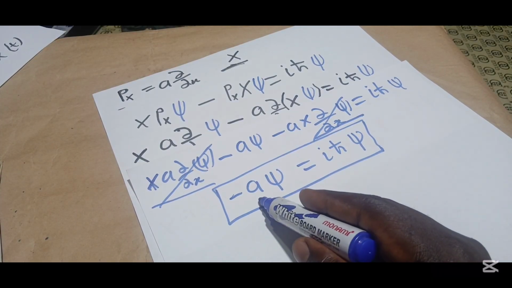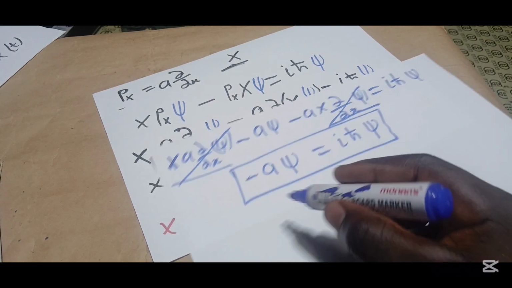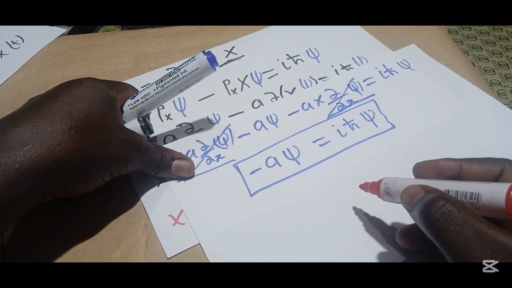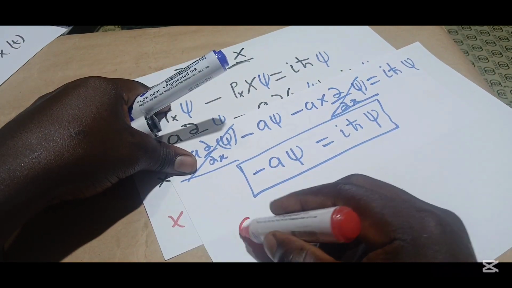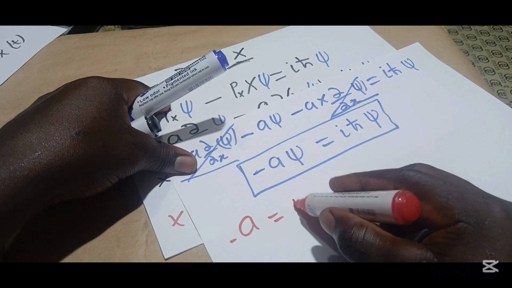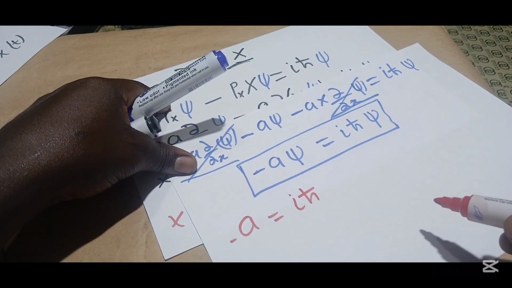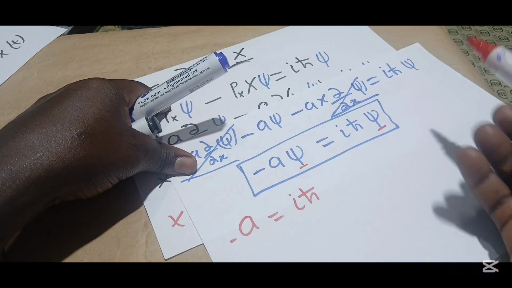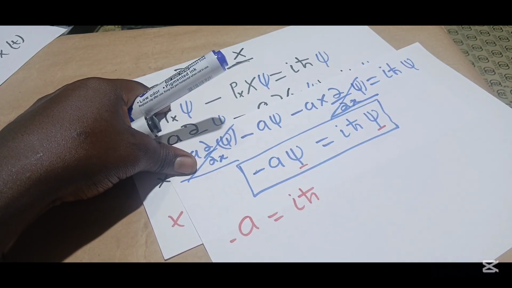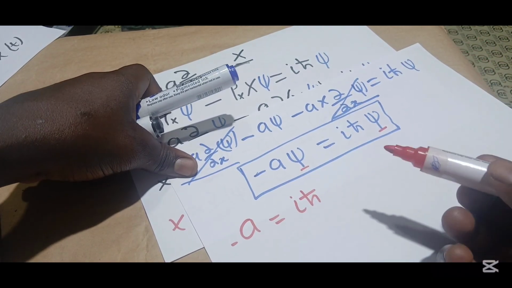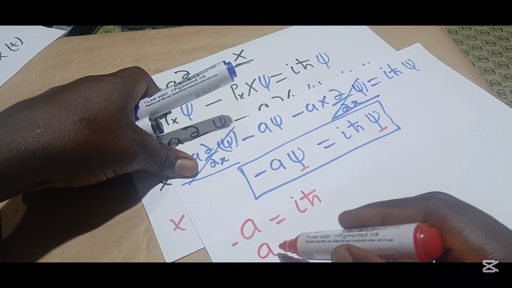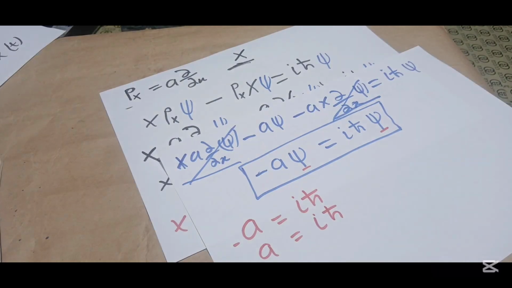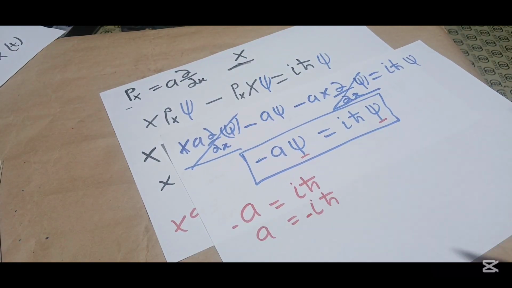So if A is the momentum, then the term corresponding to A here, minus A, is going to be i h cross. We have psi, the wave function, at both sides, so we don't have to care much about that one. So our A is basically going to be this.